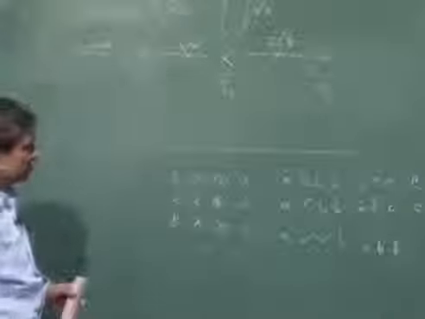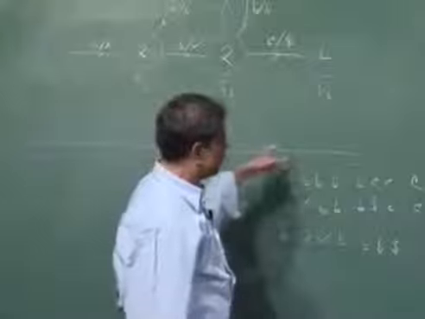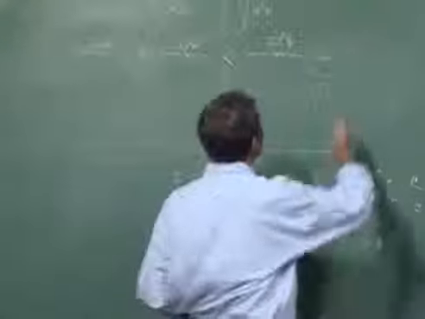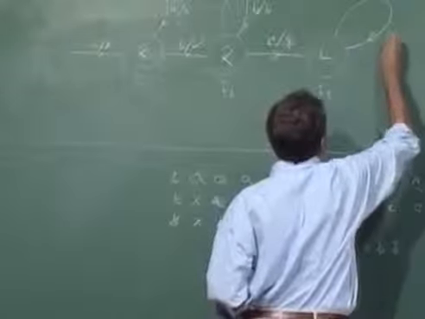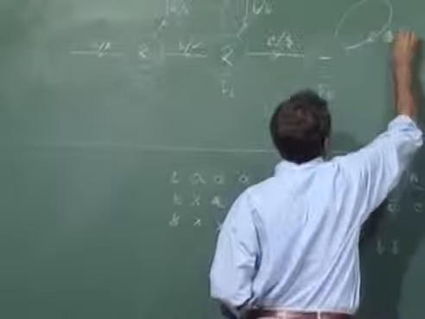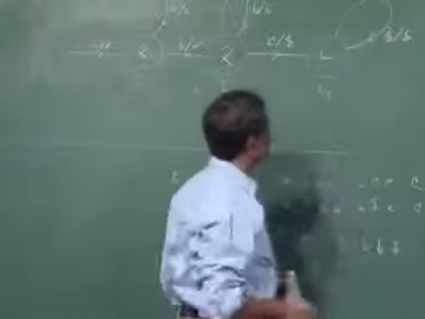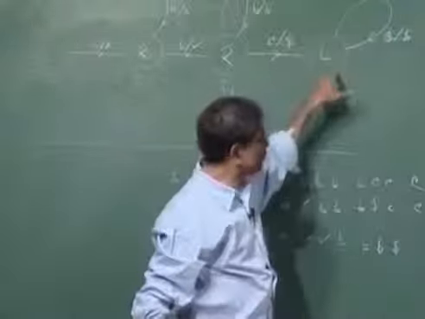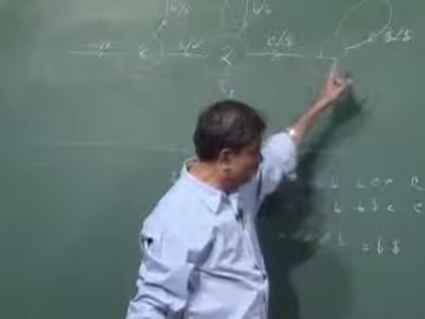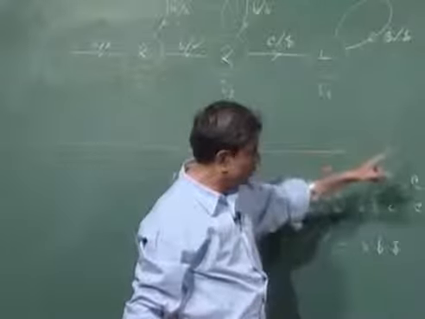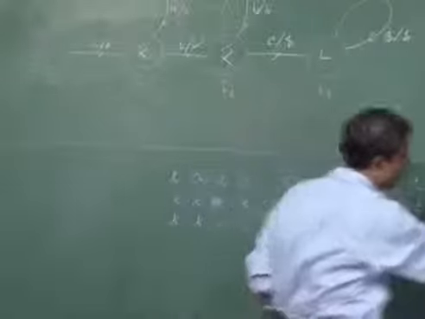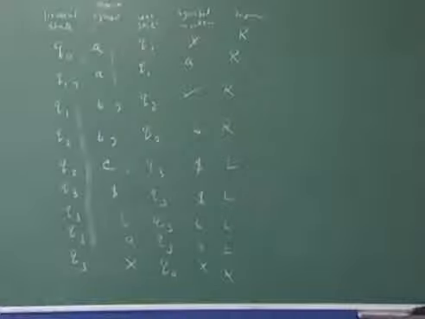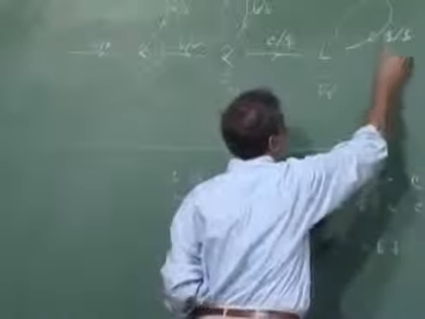In Q3 if I see a dollar, I keep it as such. So, this is a self loop really, but by making a move to the left. In Q3 if I see a B, I still remain in the same state, but I move to the left. So, I will just write like this.